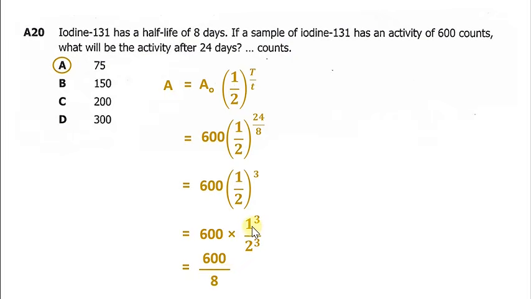So 1 over 8 times 600 gives you this. 600 divided by 8, you still get that answer 75, which we got there.